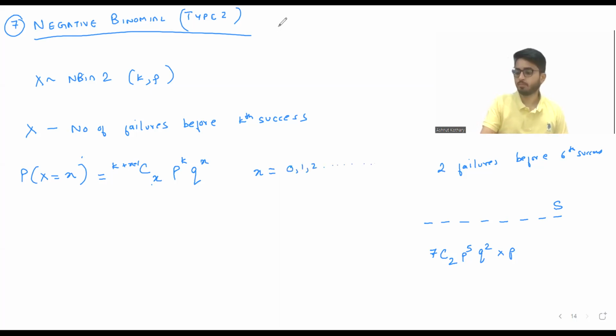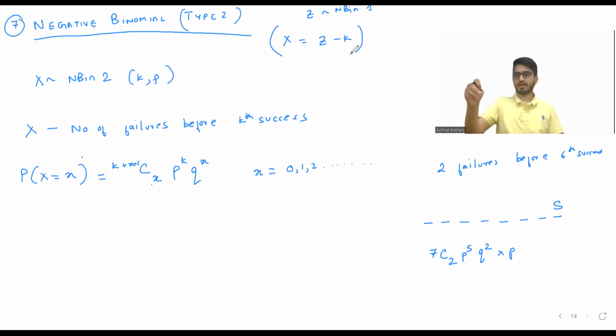And if you compare over here, if X is negative binomial type 2 and Z is negative binomial type 1, then X is nothing but Z minus k. If on the Zth trial I'm getting the kth success, then number of trials minus number of successes is nothing but the number of failures.